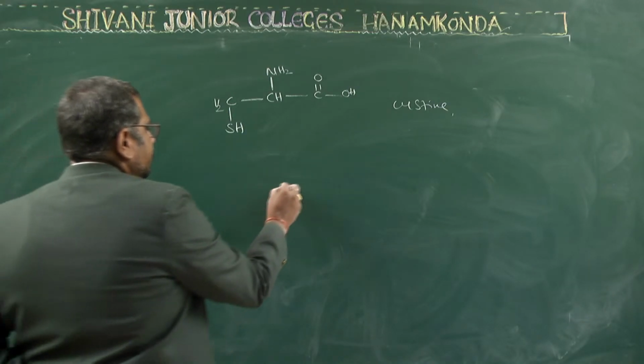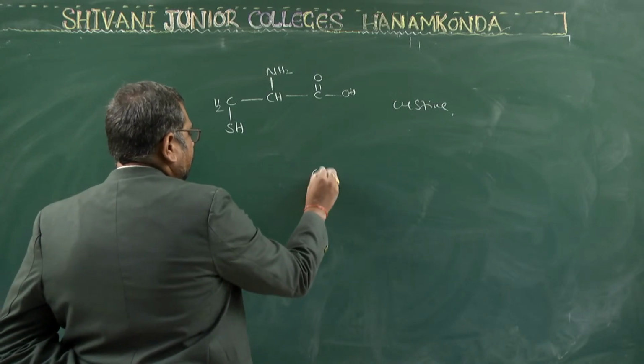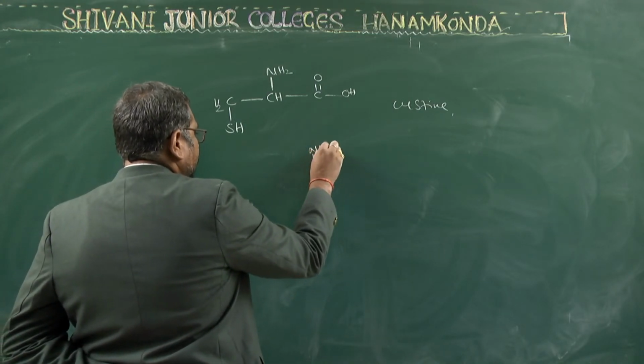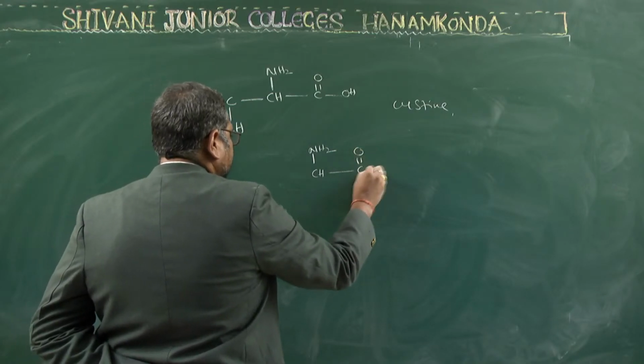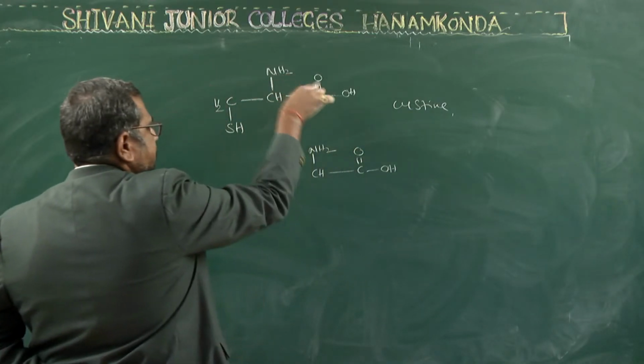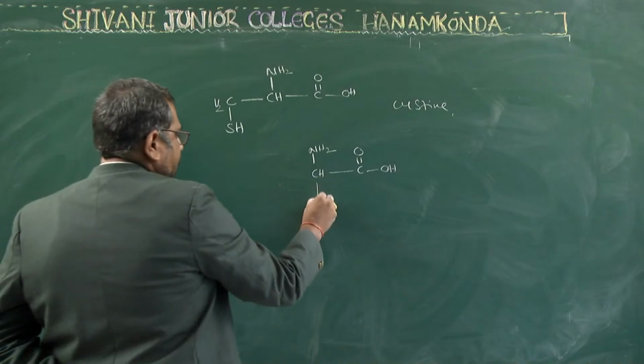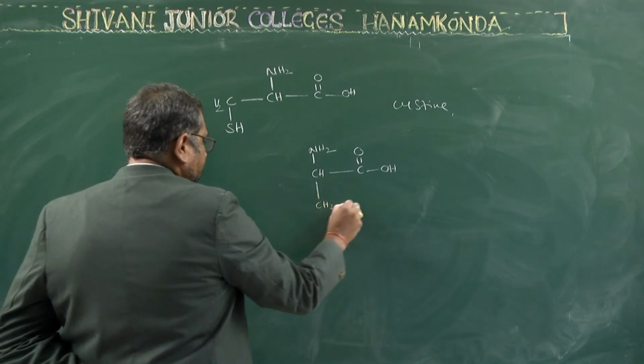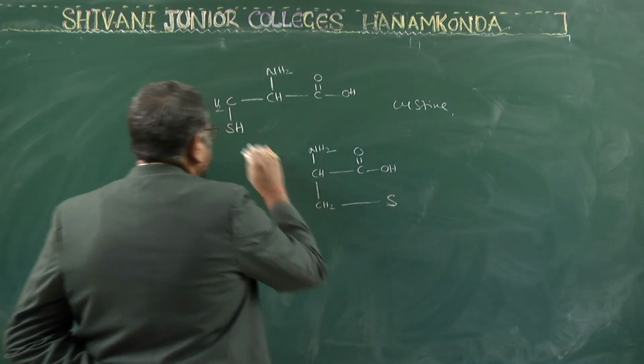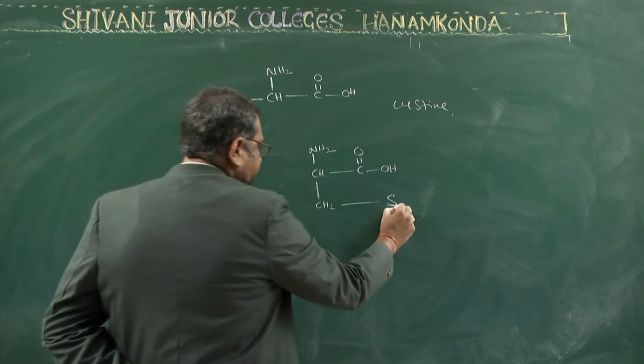If you see, CH NH2 COOH, CH NH2 COOH, here CH2 group is present and here sulfur group is there, and removing this hydrogen, again I am adding sulfur.